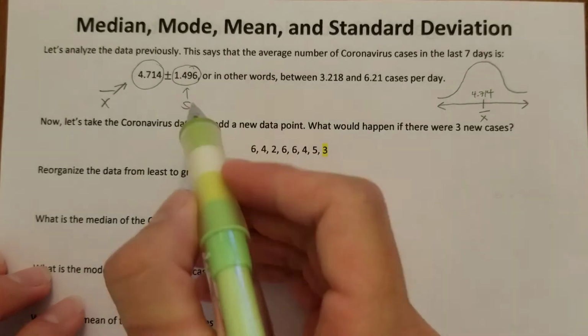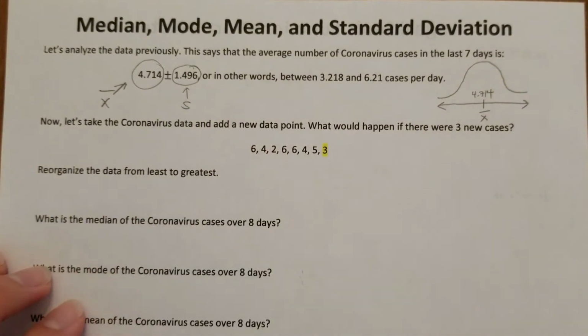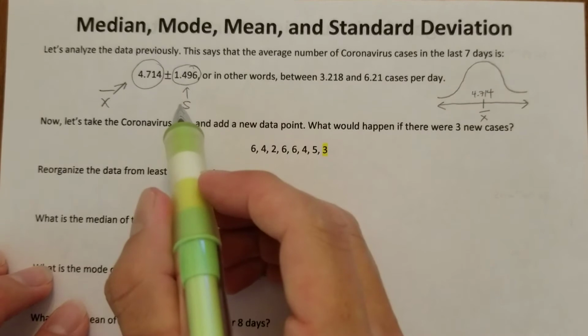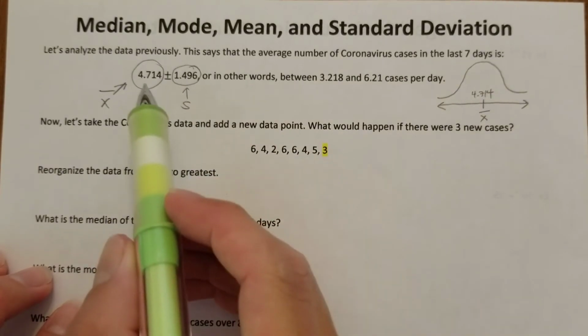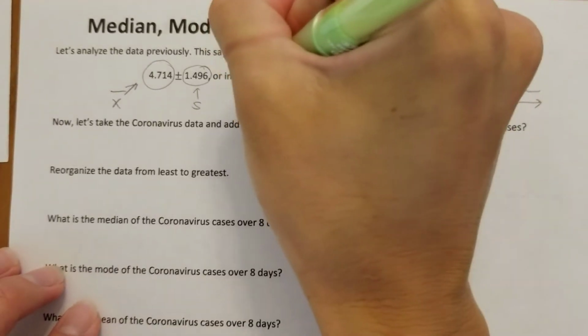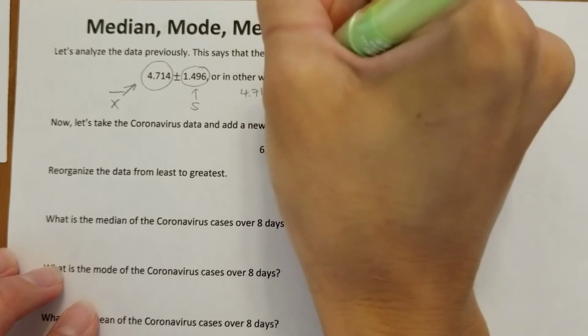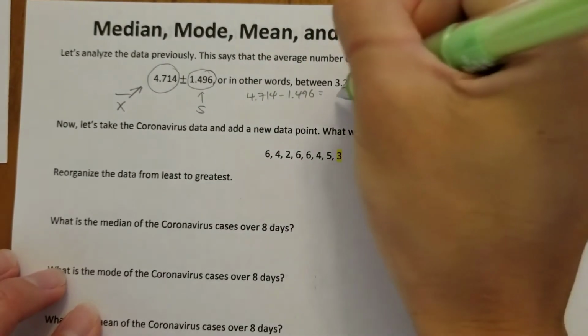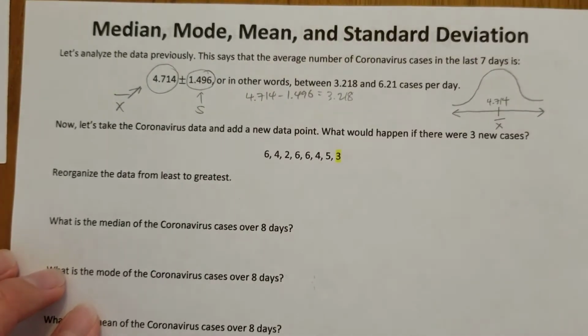Okay. Standard deviation basically says that if I take 4.714 minus 1.496, that's how I get 3.218.